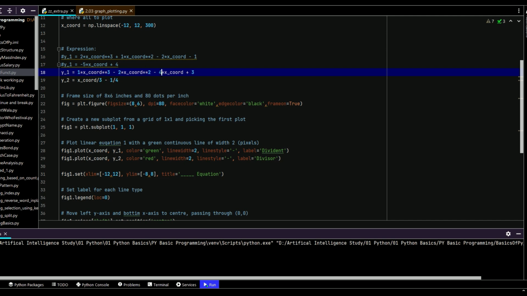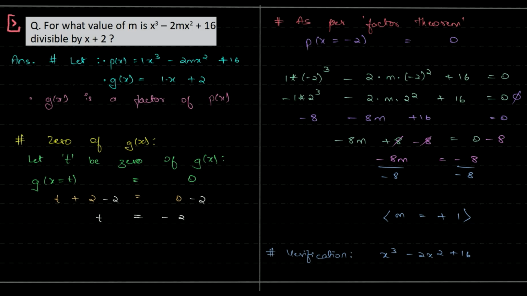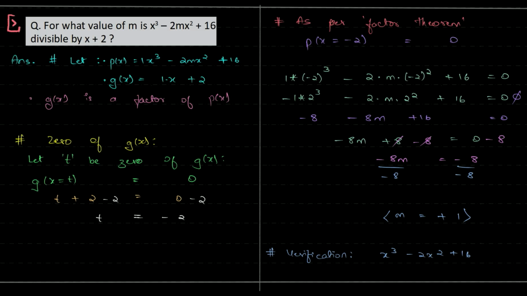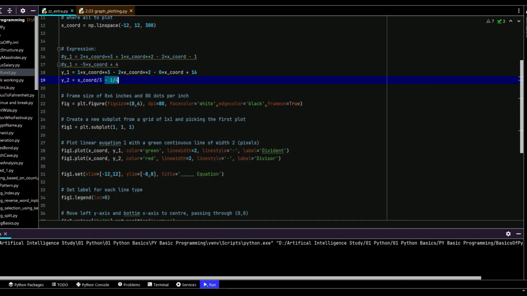This is 0. The coefficient of this is 0. Then we have 16. And the one which is dividing is x + 2, a simple guy. So what will you see over here now? Think about it. What will you see?